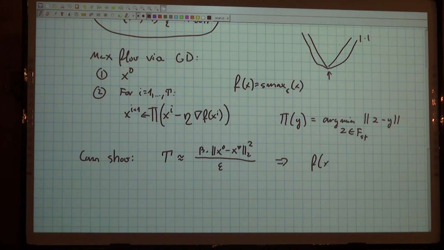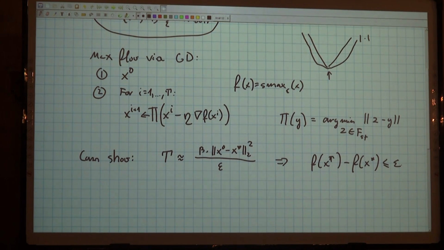So if we take our solution that we got after capital T steps, its value will be not larger than epsilon times the optimal value, essentially the value of the optimal solution.